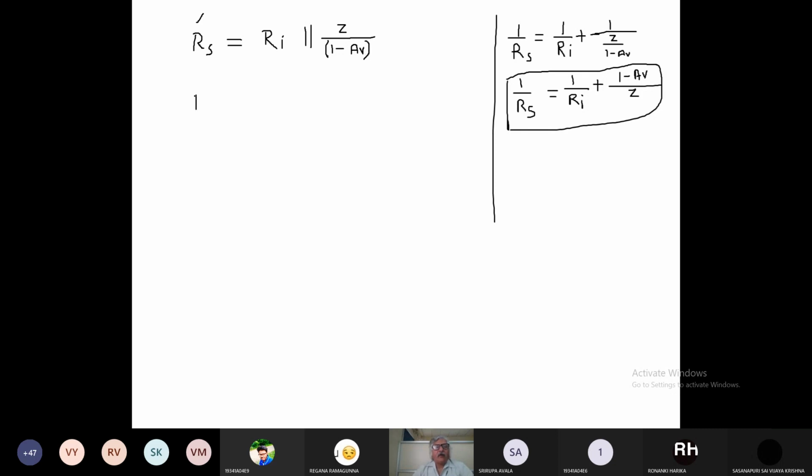Or I write it as Rs is equal to Ri in parallel with Z1, where Z1 is equal to Z by (1 minus AV).